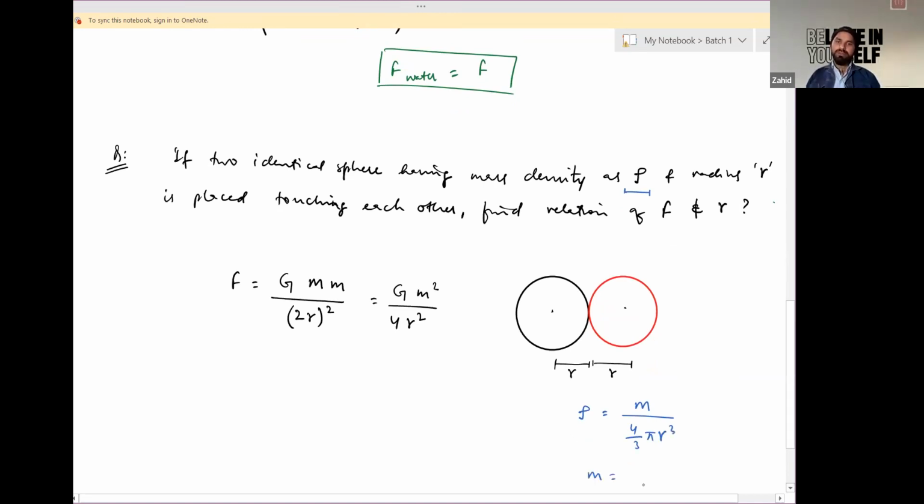So mass will be equal to 4 by 3 pi rho times r cube. Just put this value of mass in this part, and you will get G m square, so it will be 16 pi square rho square r to the power 6 divided by 9, whole divided by 4 r squared.